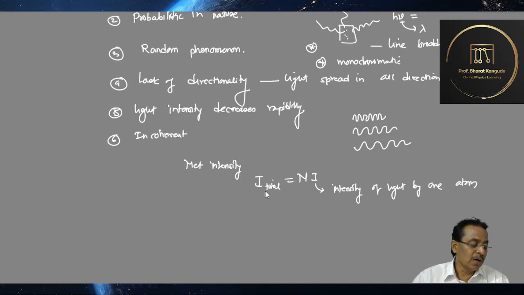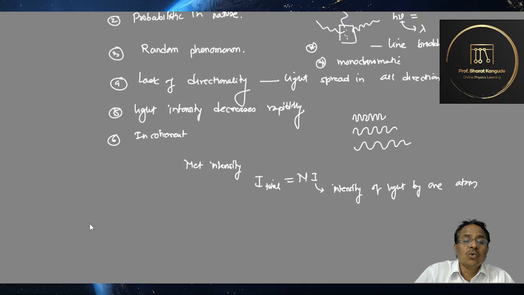Now, spontaneous emission dominates in conventional light sources. Whatever light we get from a bulb, the sun, or any other source, every time this process of spontaneous emission takes place, and that's why the source of conventional light is spontaneous emission.